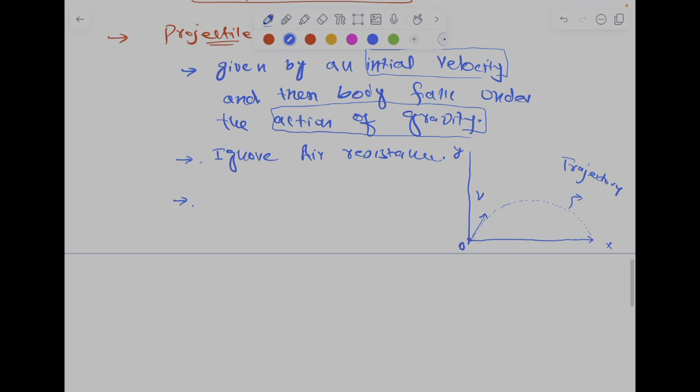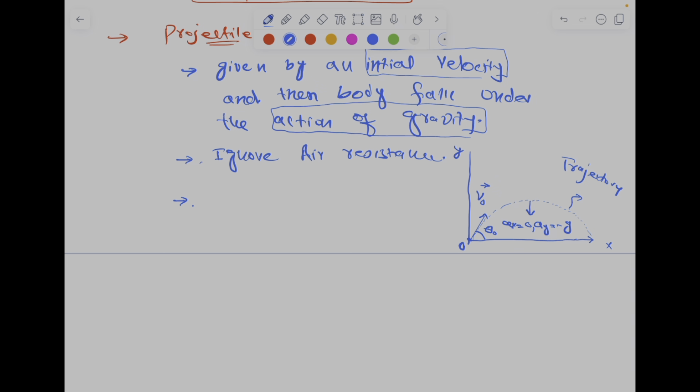It's given by some initial velocity at a certain angle, which is theta naught. The acceleration due to gravity is only along y, which is negative g. Your acceleration along x is 0, but your acceleration along y is negative g.